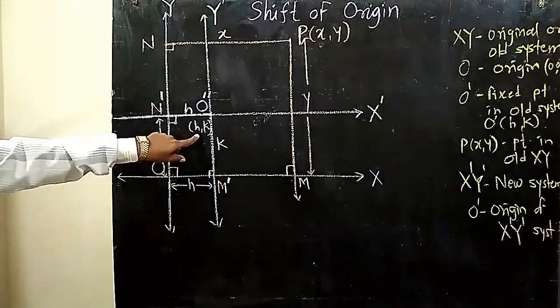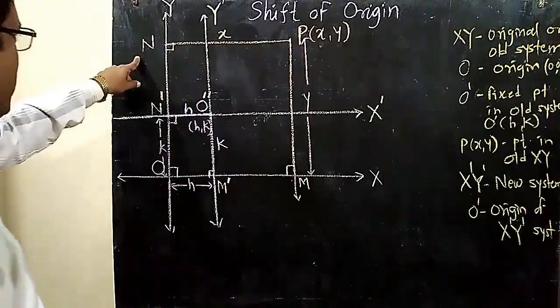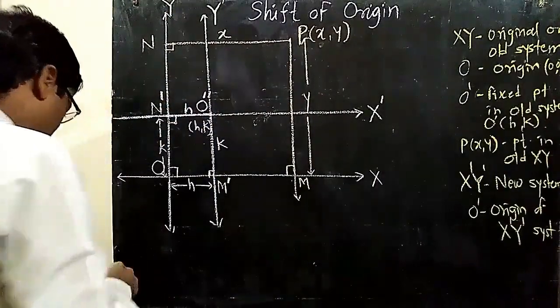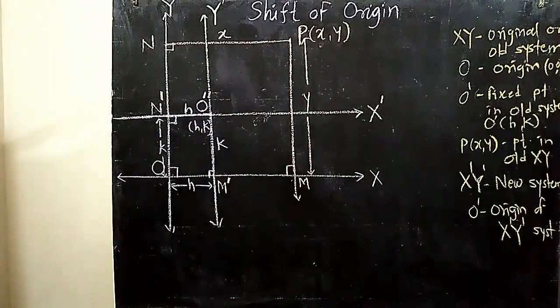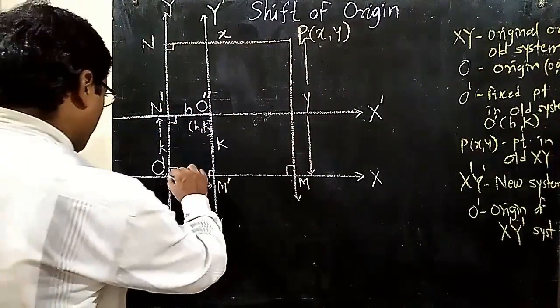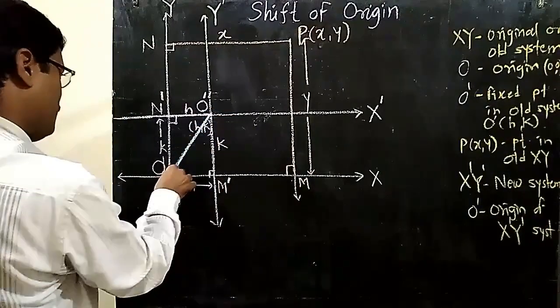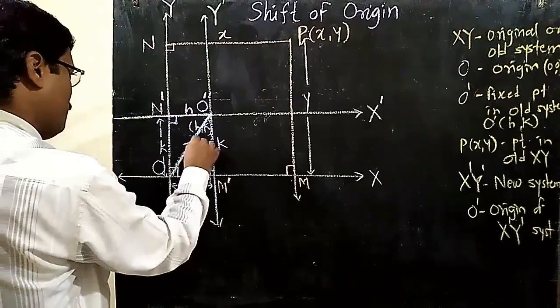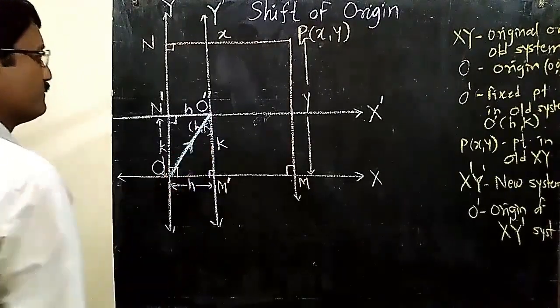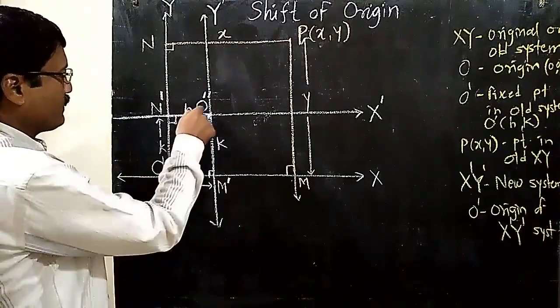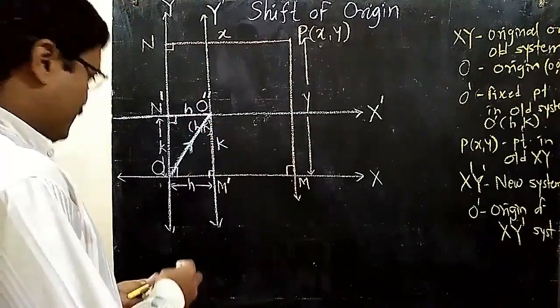Actually those are HK in old system, but in new system the coordinates of O dash will be 0, 0. So what we have done here, we have shifted our origin O to O dash. This is the main change we are doing here. We are shifting origin from O to O dash. Let us see once again.